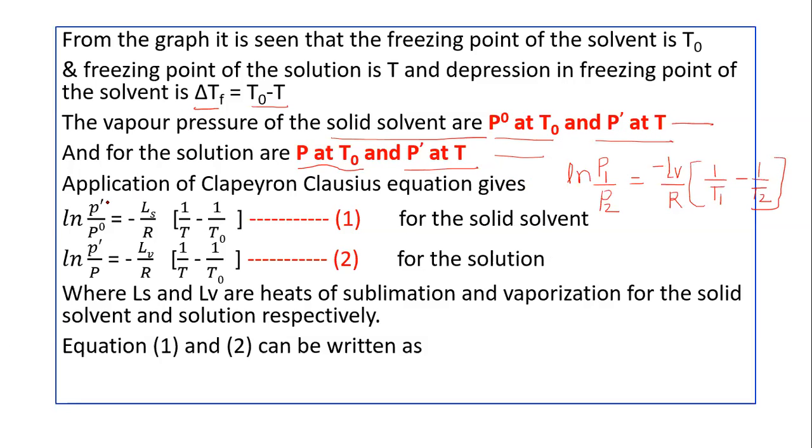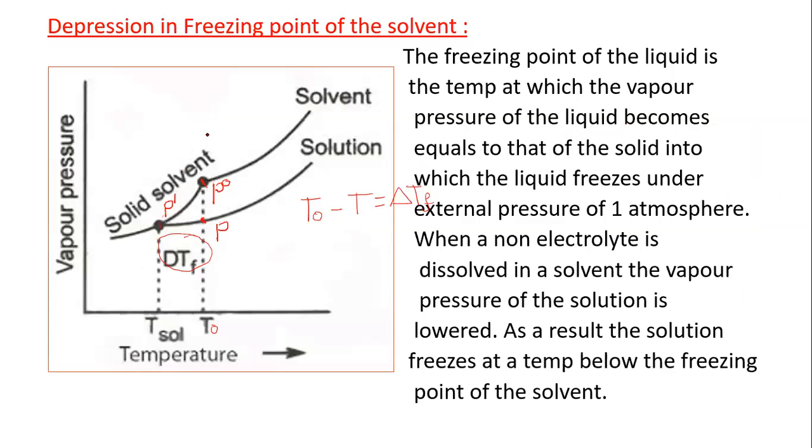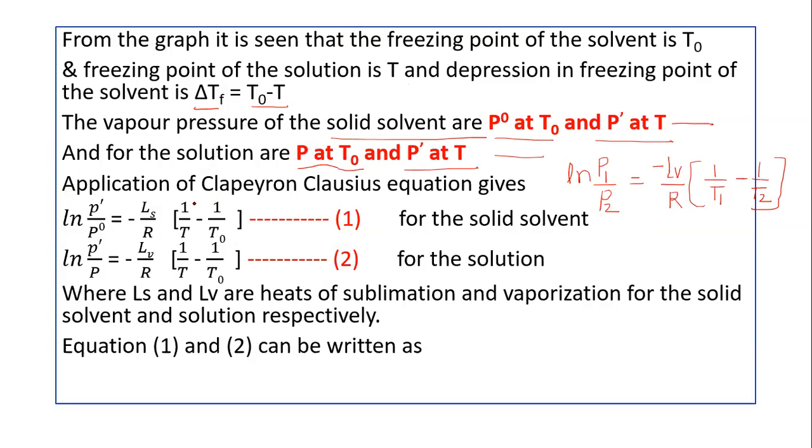So ln P dash upon P0 is equal to minus Ls upon R into 1 upon T minus 1 upon T0, where the lower temperature T1 is T, the higher temperature is T0, and the lower pressure is P dash.